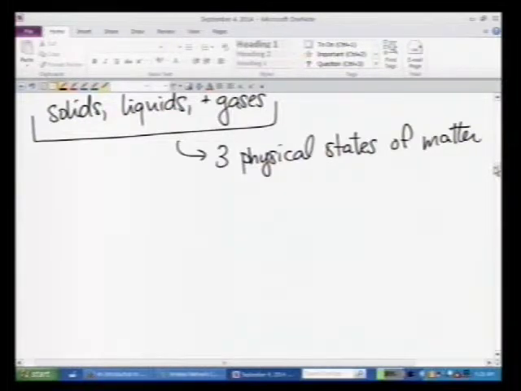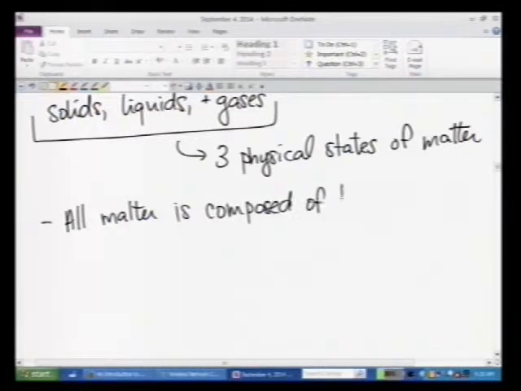So usually there's a couple of rules or guidelines for every theory. The rules for this one is that all matter is composed of tiny particles, which we kind of already went over. All matter is composed of tiny particles. All particles are in constant motion.